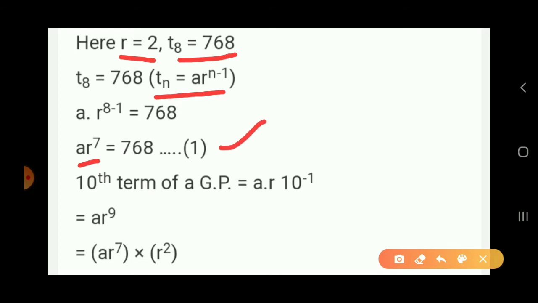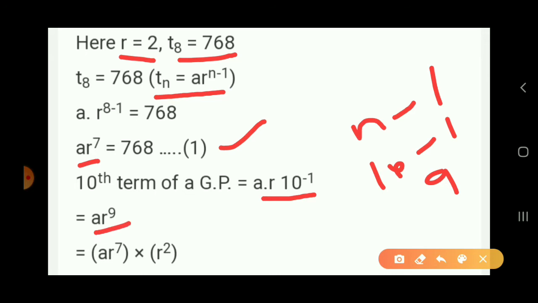For the 10th term of a GP, A into R power n minus 1, so 10 minus 1 is 9. So A R power 9 is the 10th term. This A R power 9 can be written as A R power 7 and R square.